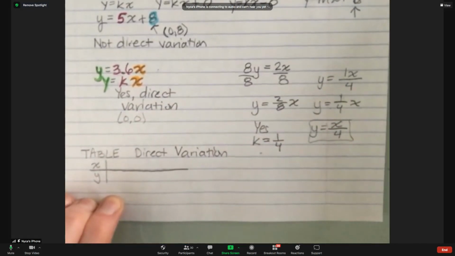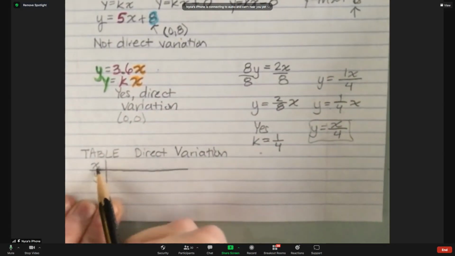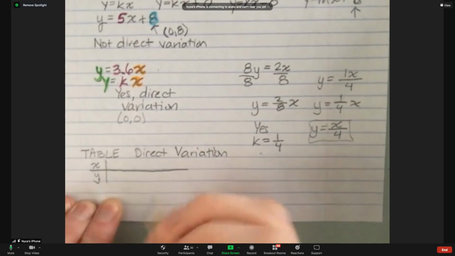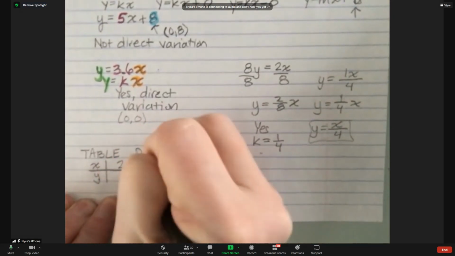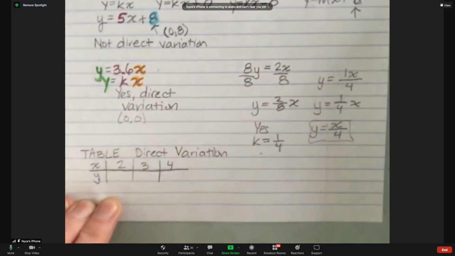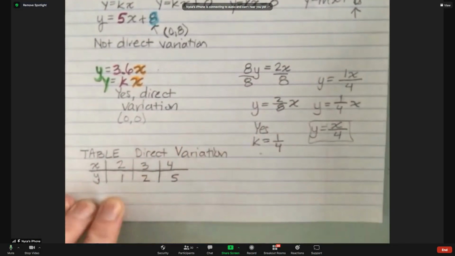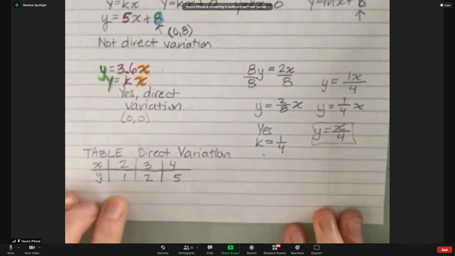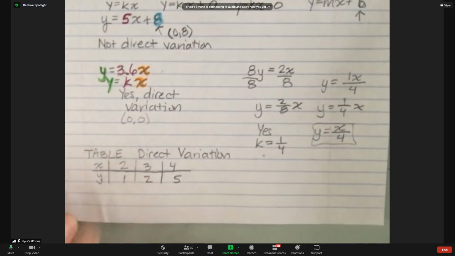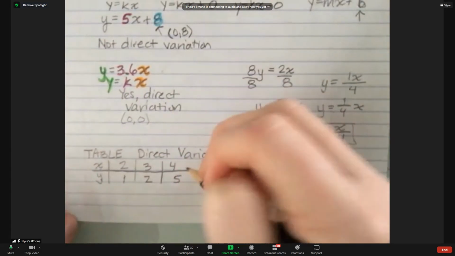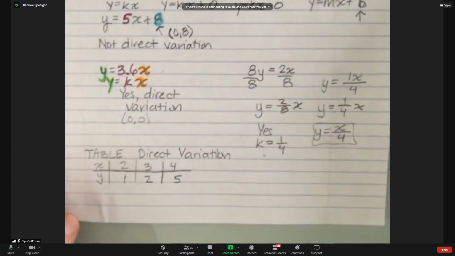So if I had number of boxes would be X, and the rolls of tape needed, which would be my Y, and in the number of boxes, it said 2, 3, 4. And for the rolls of tape needed, it had 1, 2, 5. Well, for the table, they want you to find what K is. So they need to say, find K, and then decide, is it in direct variation?